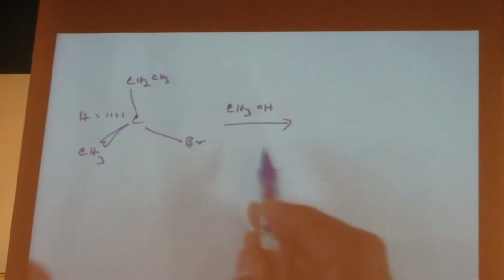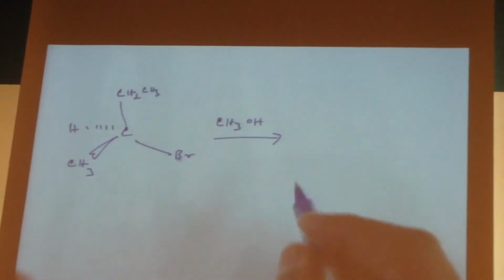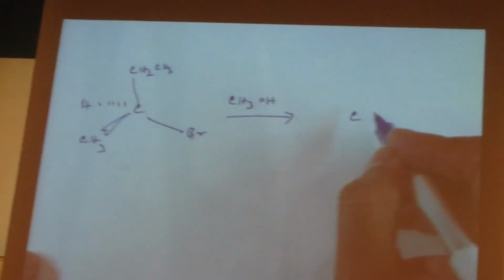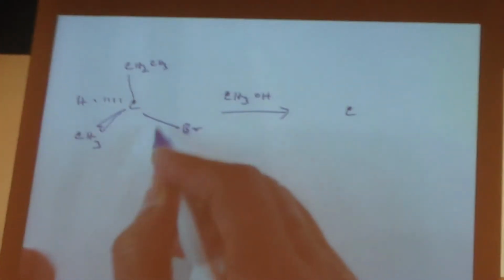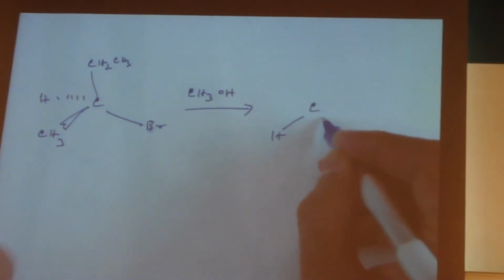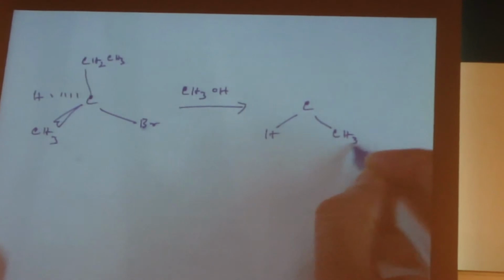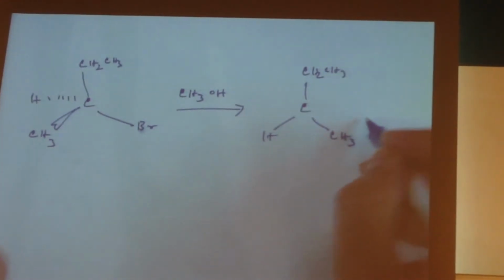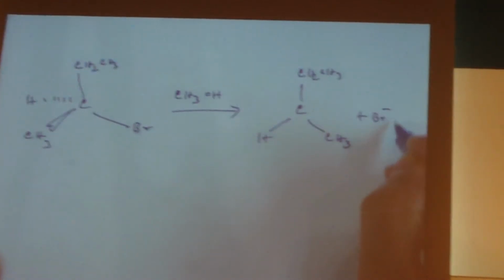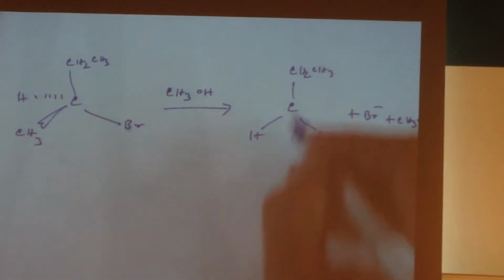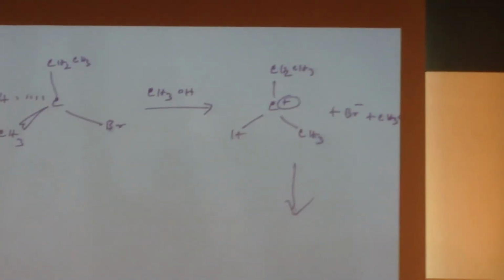This nucleophile is not able to attack by itself, and therefore the first step in the process would be formation of a carbocation, where the bromine would break from the carbon, and we get H, CH3, CH2CH3 plus Br minus, plus methanol, which is the solvent. Formation of the carbocation.